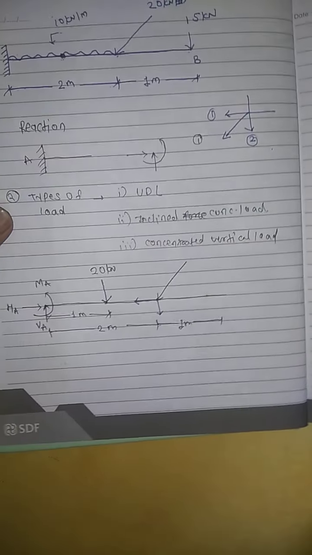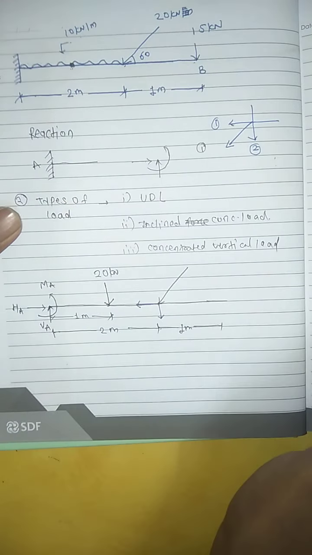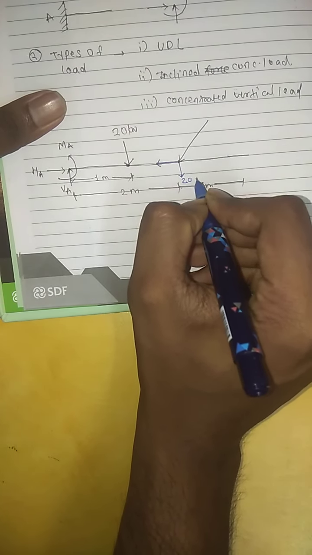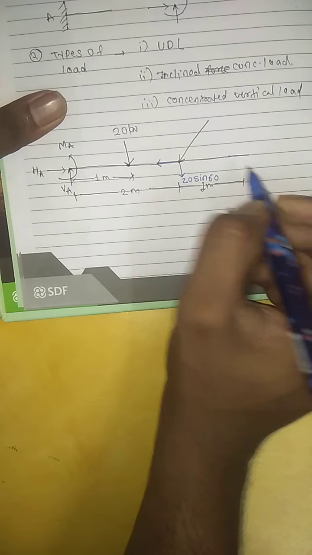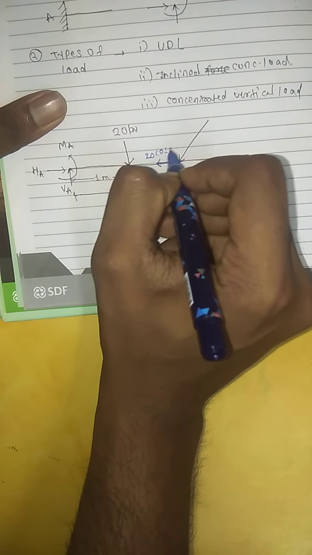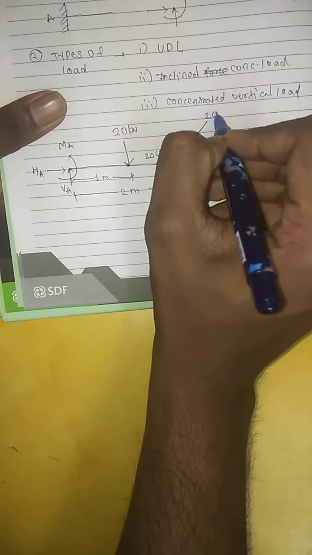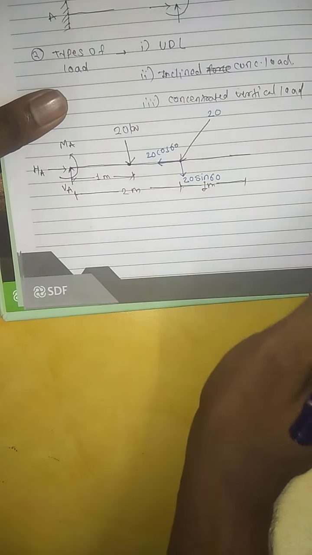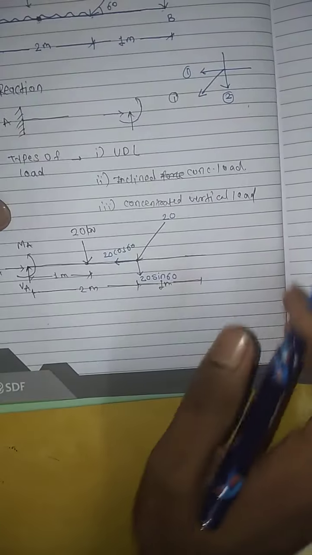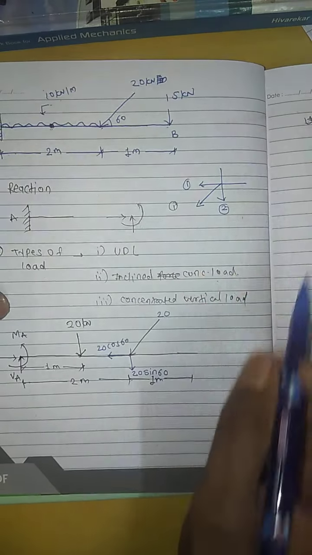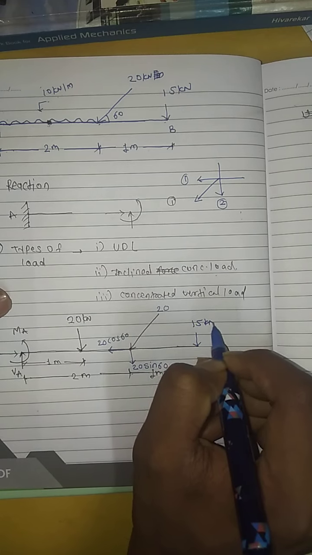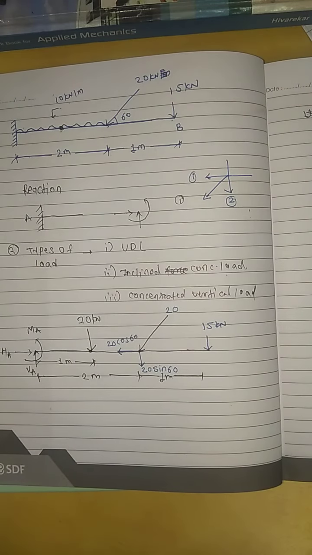We know the resolution because here the angle given is 60 degree. So this will become 20 sine 60 and this will become 20 cos 60. As we know this is 20, after resolution this will become 20 cos 60, this will become 20 sine 60. And at the end here 15 kilonewton point load is here, so there is no need to change. So this is our free body diagram.